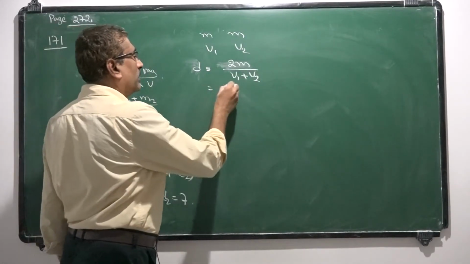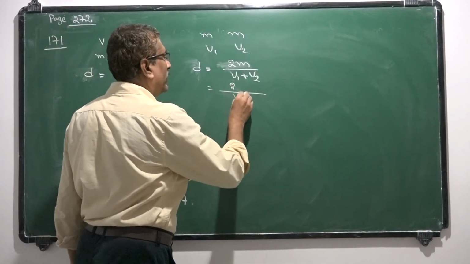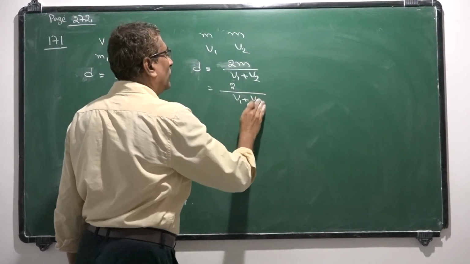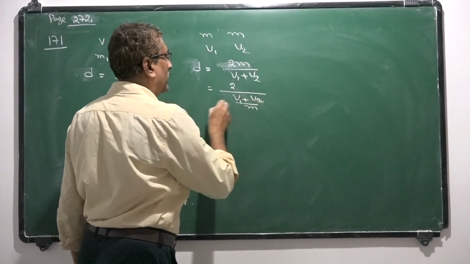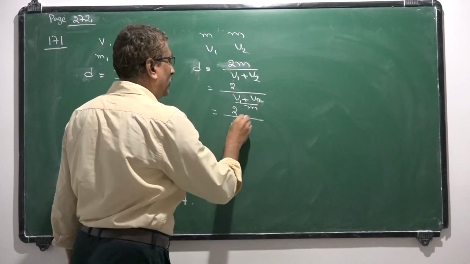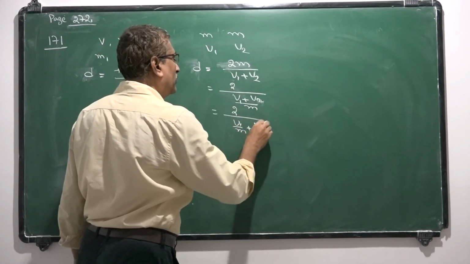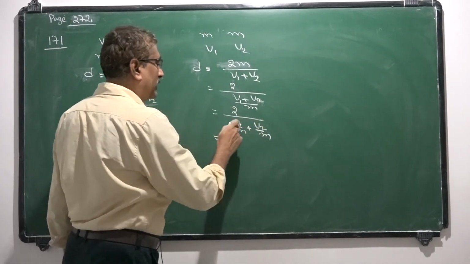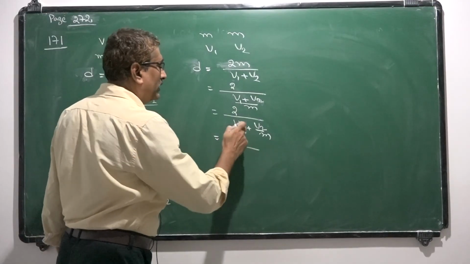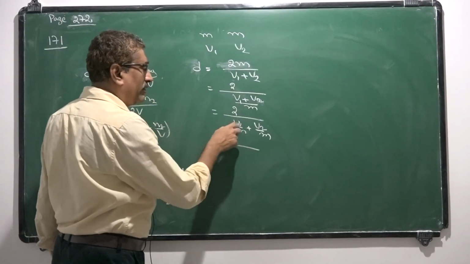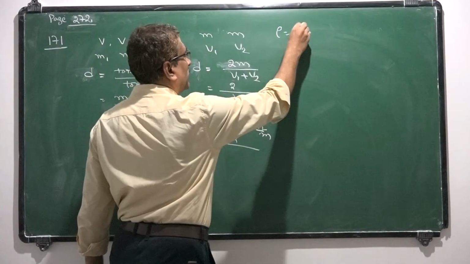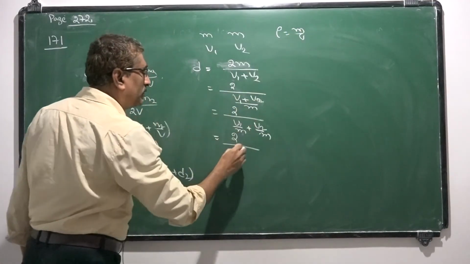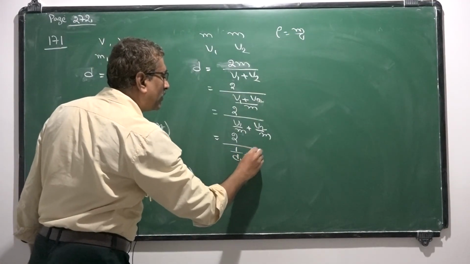Now we can write 2 by (v1 by m plus v2 by m). This is the reciprocal of density, because density equals mass by volume. So it is 2 by (1 by d1 plus 1 by d2).